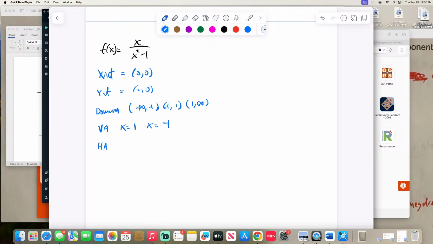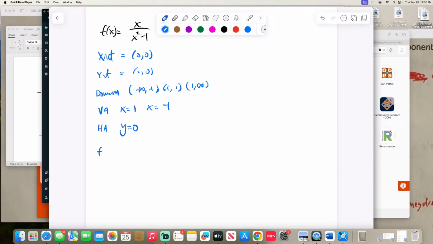The horizontal asymptote is going to be y equal to 0. And this is very, very important for the final graph. So now we're going to find f prime of x. And yes, unfortunately it's going to be low d high minus high d low over low low.